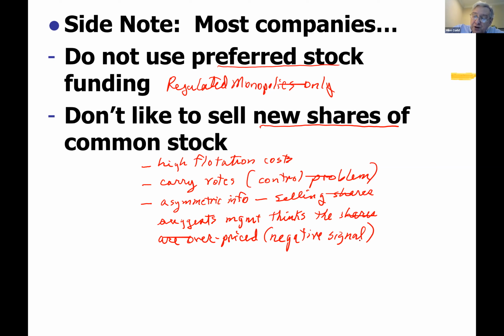If management decides to sell more shares, investors, because they know management knows things they don't, will say, gee, management must think the shares are priced too high. And then what happens? That drives the price back down, which works against the better interest of the shareholders.